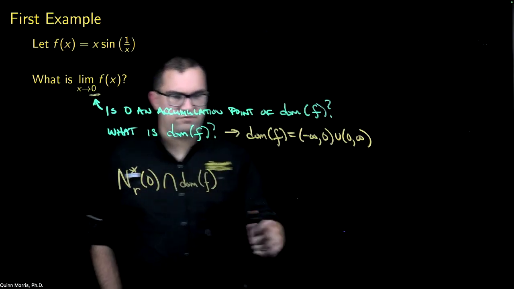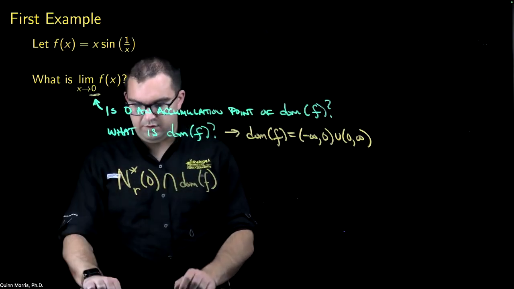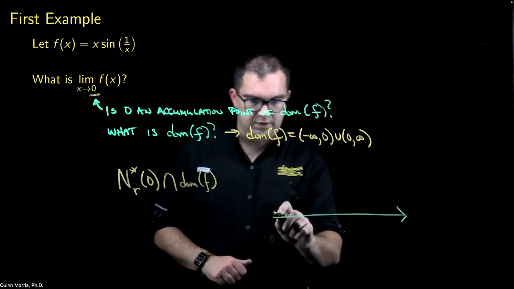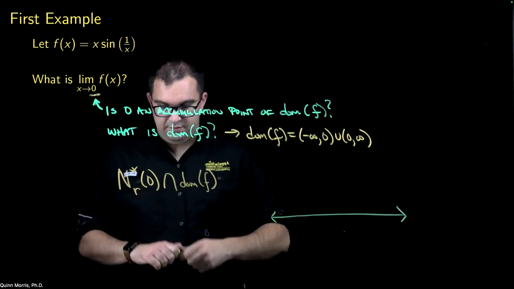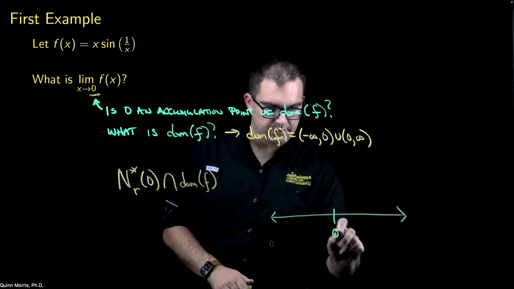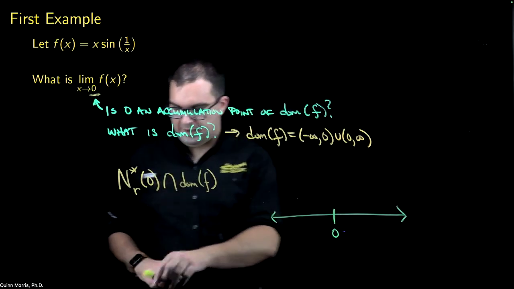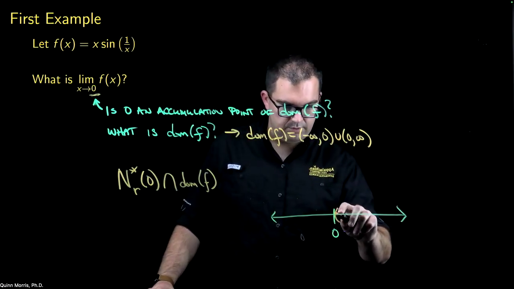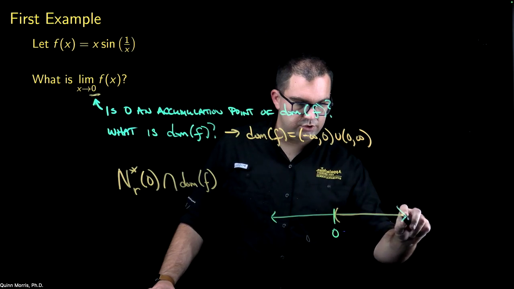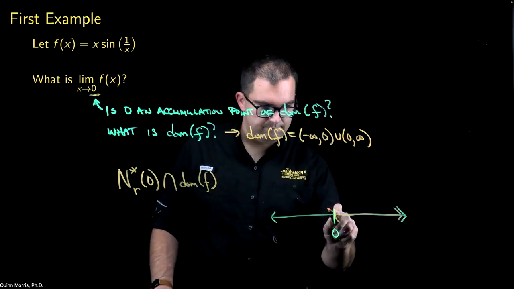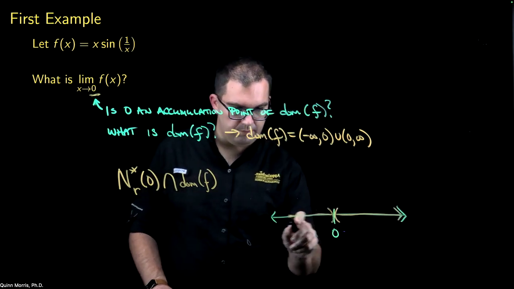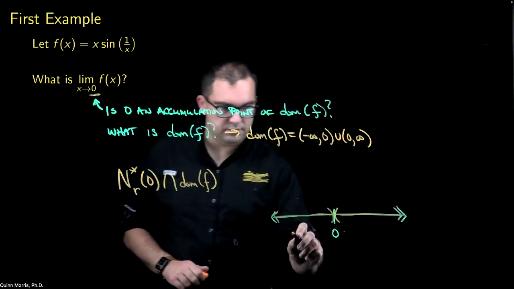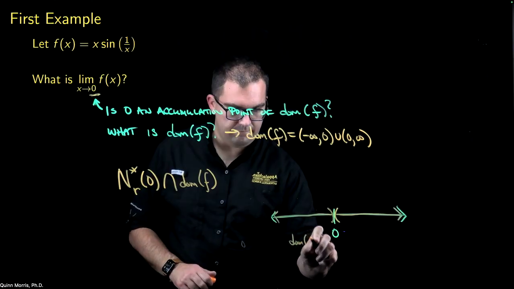Now, visually, if we draw a real number line here, and let's go ahead and label here, say here's 0. Let me label on here my domain. So my domain is going to be here in orange, but simply all real numbers other than 0. Orange here is the domain of f.